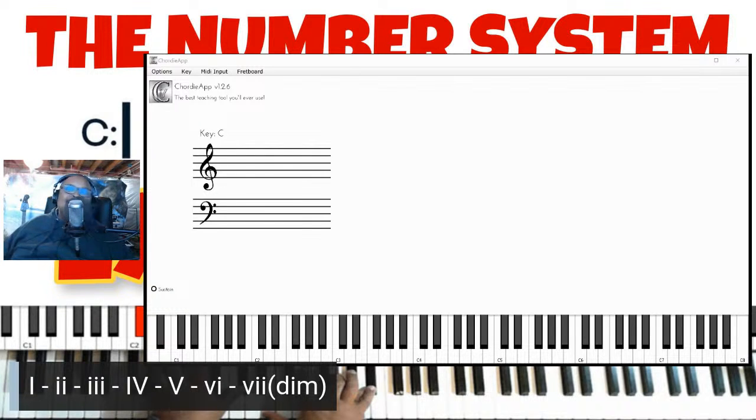And then next Wednesday, we're going to go deeper into the number system. We're going to look at some more progressions, and we're going to talk about how to fatten up the chords, just like when I showed you my chords, my intro, and I did a flat 5, and then I did the sus. We'll take it a little more advanced, and we'll go over some more popular progressions.